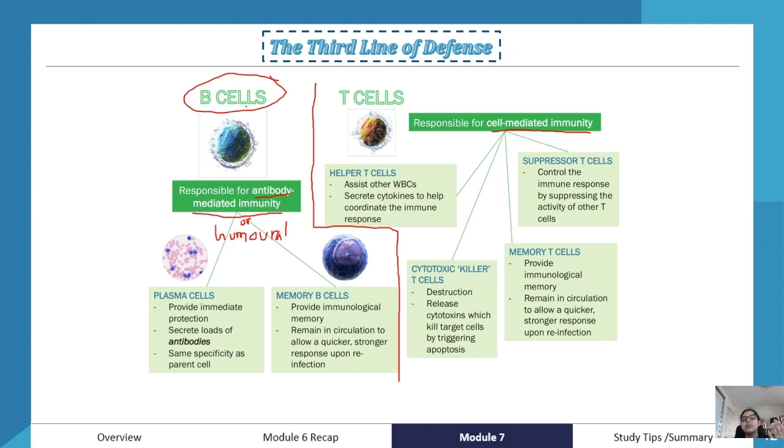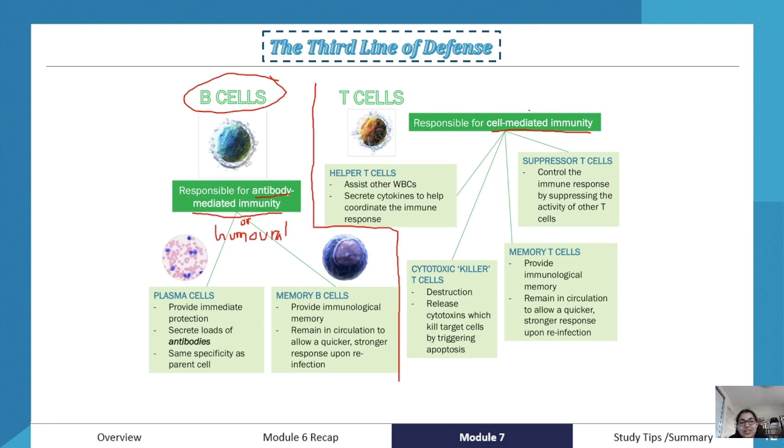I like to remember the cytotoxic killer T cells as the really angry friend of the group, the friend that's always ready to go ahead and fight. It's a killer T cell, it's going to cause destruction.